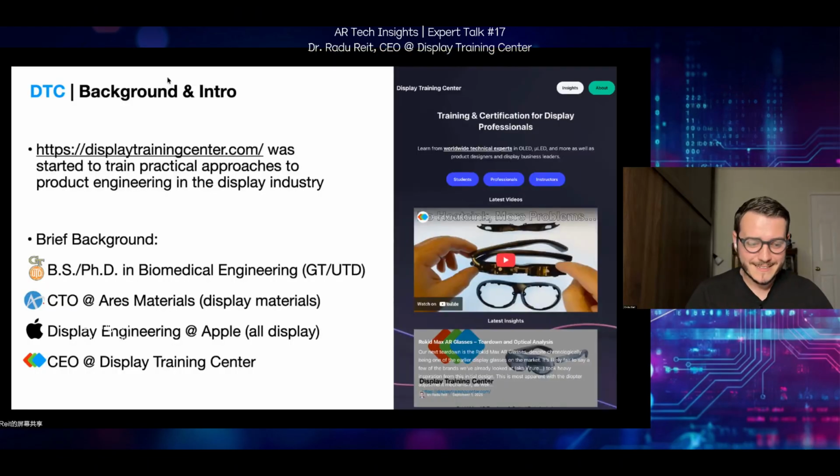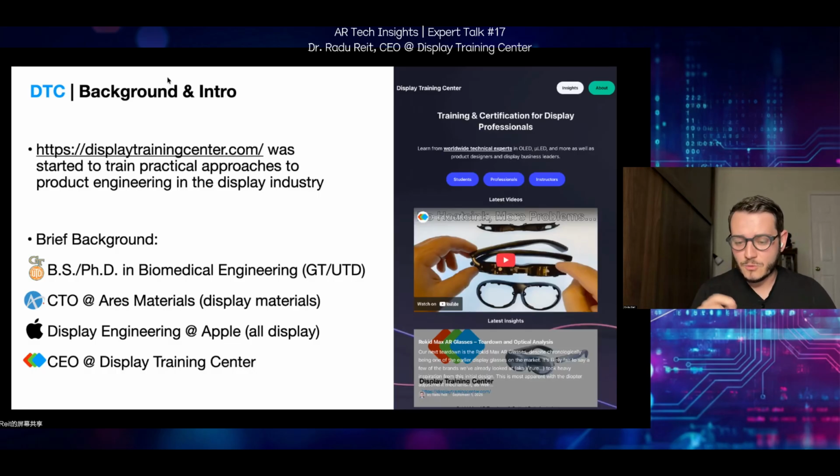Any display device that an Apple device may have today, and maybe a few that will come out soon, I hope, to make all of that time worth it. But more recently, I started the Display Training Center, which is essentially a way to practically educate people about what we need to do as a display manufacturing industry to really solve fundamental product engineering problems.